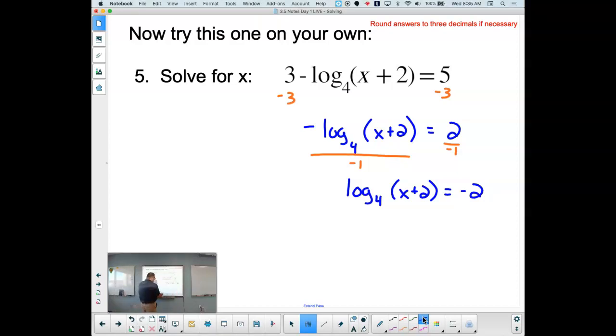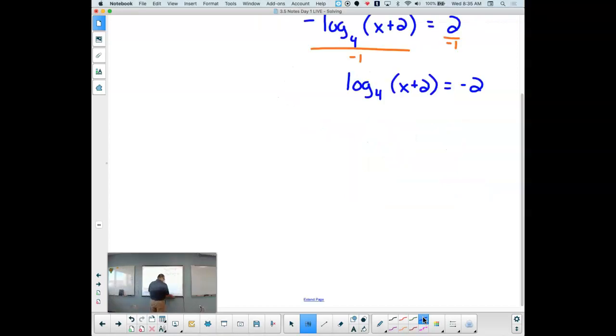Switch forms with it now because I've got the log term isolated. 4 is my base, negative 2 is my exponent, and x plus 2 is my argument. Okay. 4 to the negative 2 power is really 1 over 4 squared, which is 1/16.